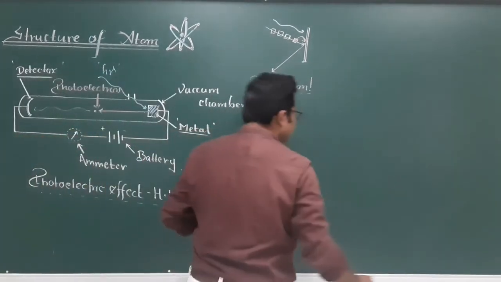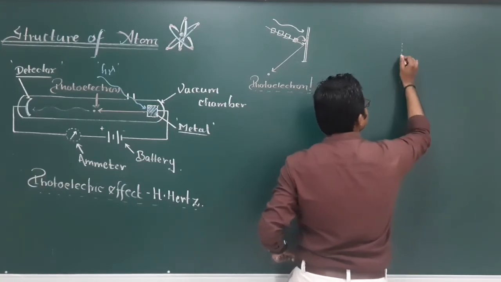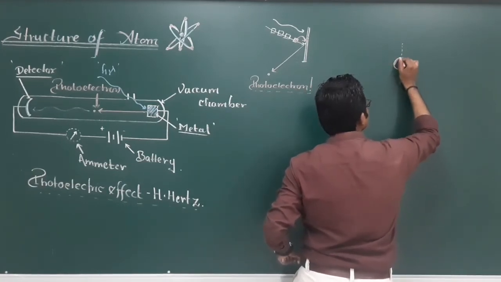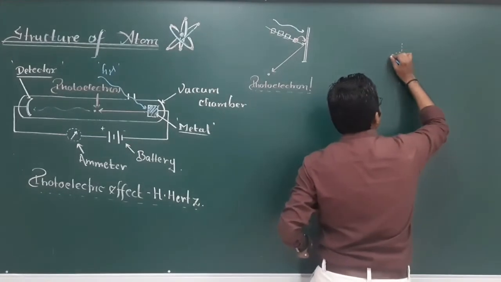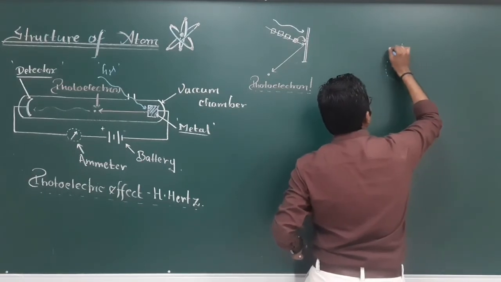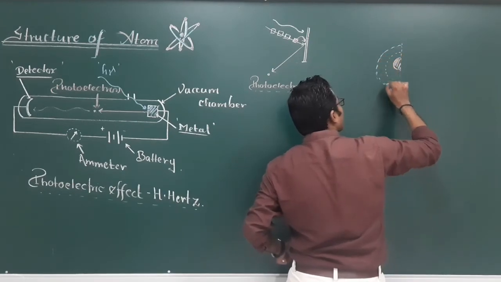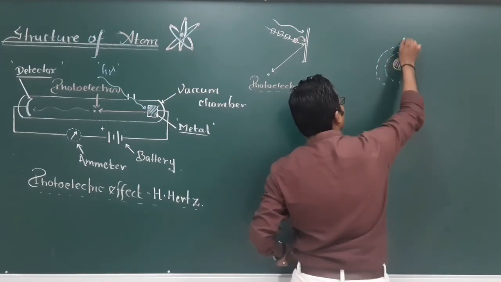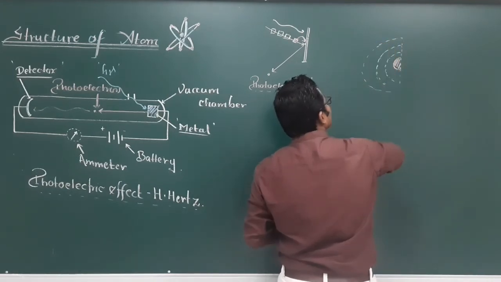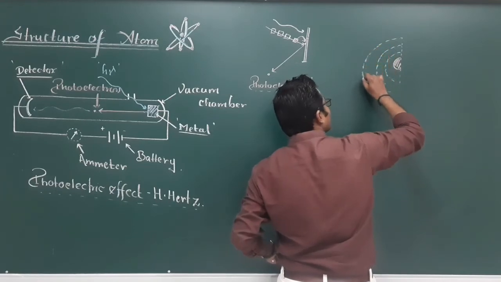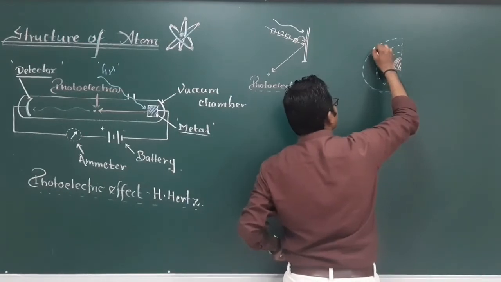So we will draw a figure over here. Let us say that this represents a nucleus, right? Let's say these are the orbits. Now, let us say that this is an electron here.